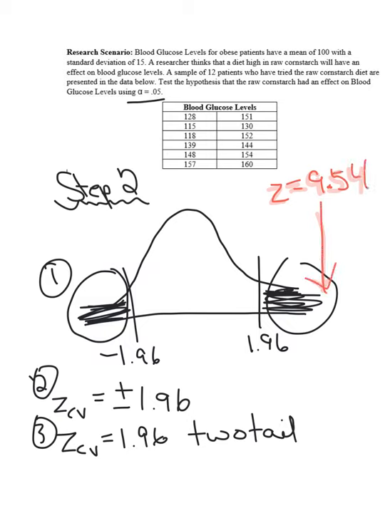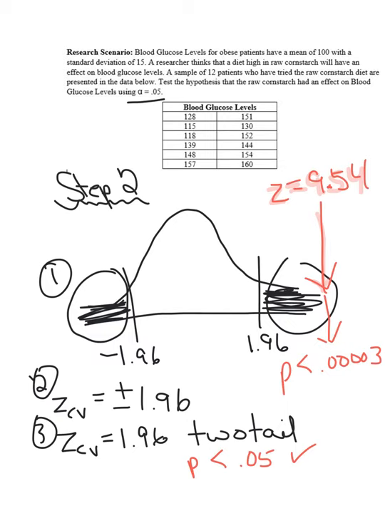Which corresponds to a p-value that is less than 0.00003. Okay? So we know that our test is significant if p is less than alpha, and in this case, p of 0.00003 is much less than 0.05, so significant.